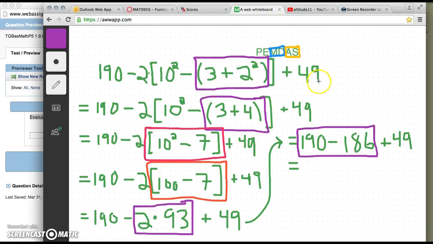Since subtraction and addition are on the same level, you work from left to right. 190 minus 186 is 4, and we still have that plus 49 at the end. And then now we're just at our very final operation. So we just need to take 4 and add it to 49. So 49 plus 4 is going to be 53. And 53 should be your final answer.